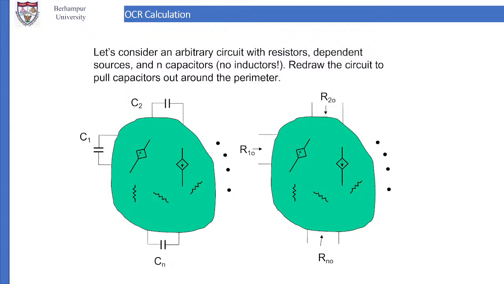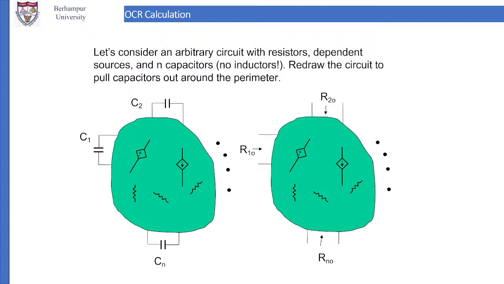So now let us consider some arbitrary circuit which has resistors. It has dependent sources, voltage dependent sources, current dependent sources, etc. And it has n capacitors, but it has no inductor. Redraw the circuit to pull the capacitors out around the perimeter. So all the capacitors C1, C2, Cn are outside.